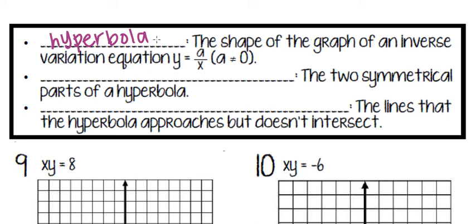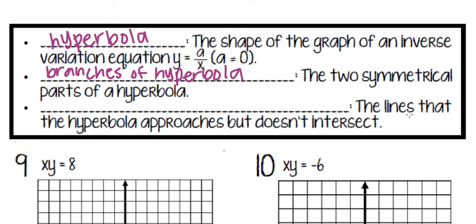Inside of the hyperbola, there are those two symmetrical parts that were drawn, and those two symmetrical parts are called the branches of the hyperbola. When we go to graph our own, I'll be really clear about what that vocabulary looks like.